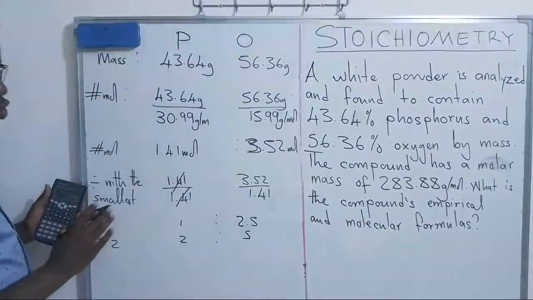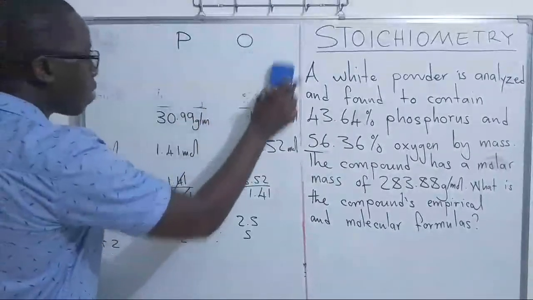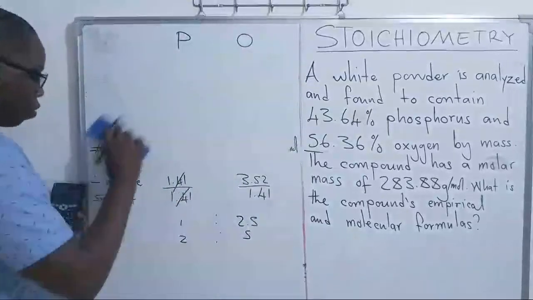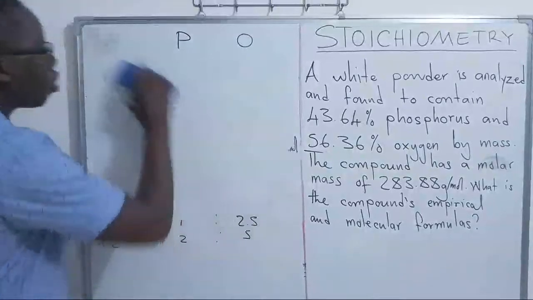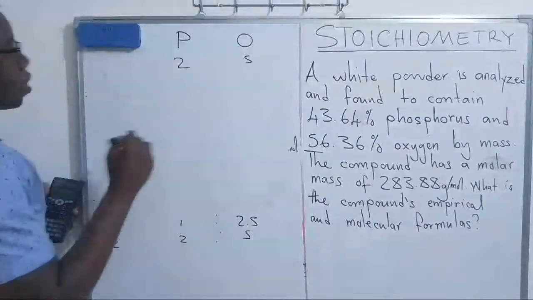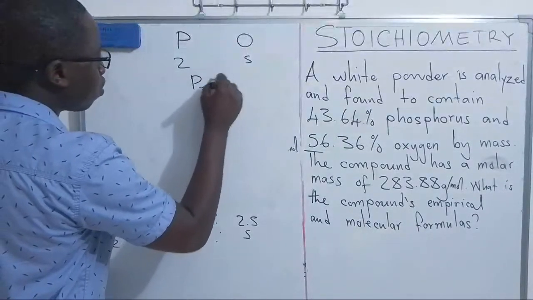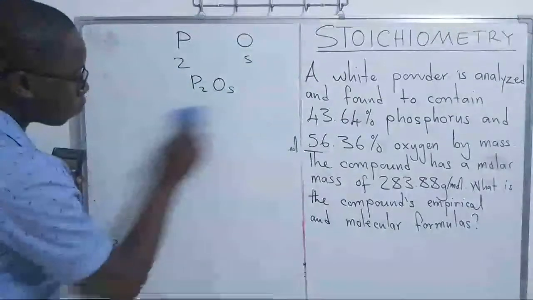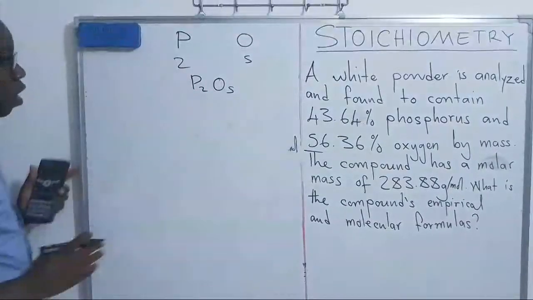So 2 and 5 are the numbers that should be used to come up with the empirical formula. The empirical formula will be P2O5.